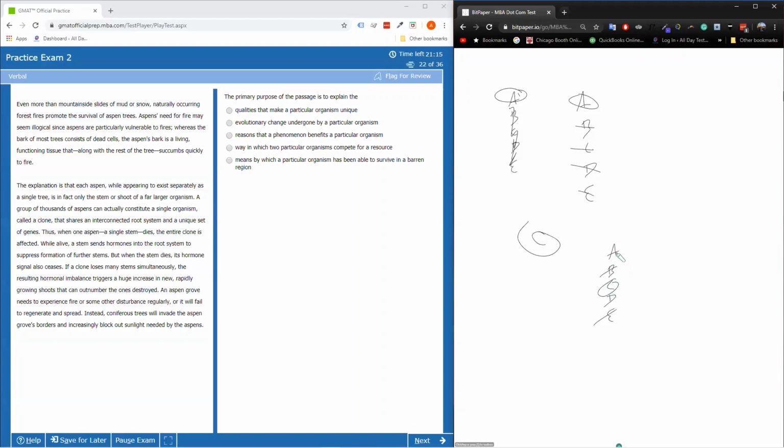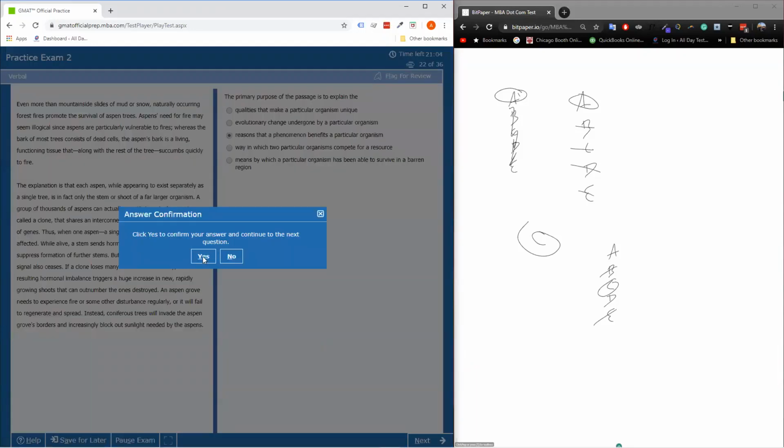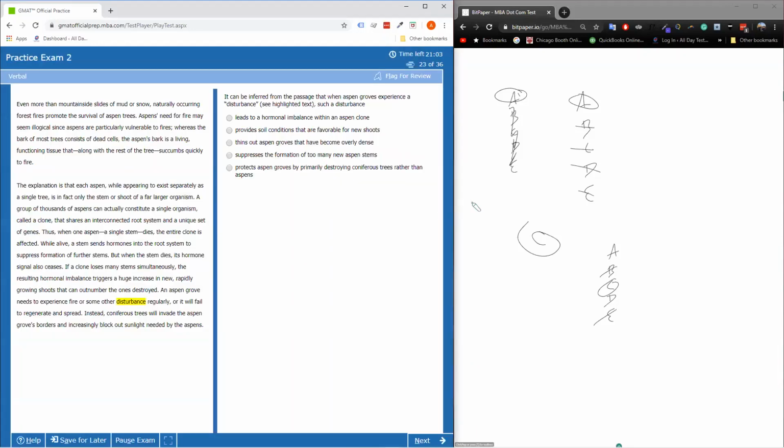So not quality, there's only one quality, so I like C. It can be inferred from the passage that when aspen groves experience a disturbance, such a disturbance leads to a hormonal imbalance. I think so.